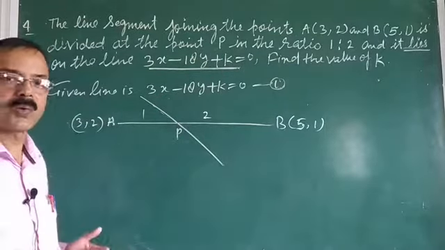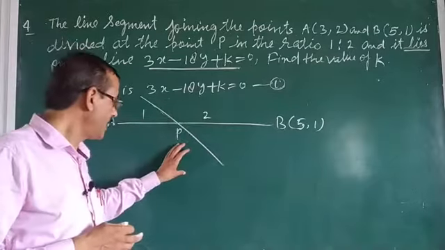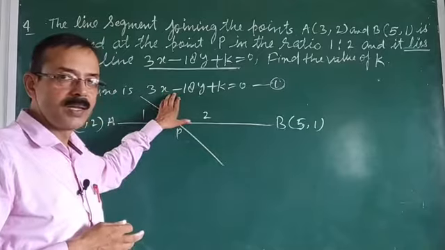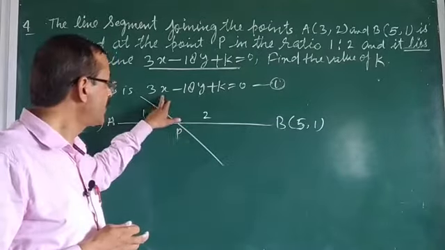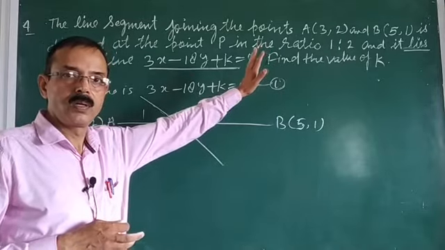If it says that P lies on this line, it means the point will satisfy this line, meaning when you substitute the values of x and y in this line, the answer should be 0.